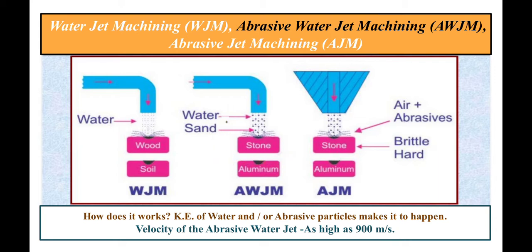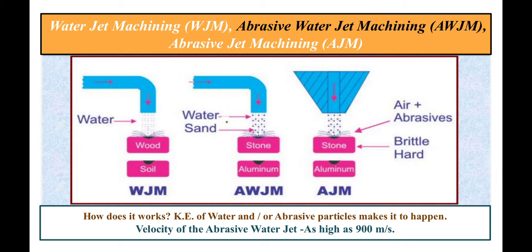Now the question arises, how is this jet of water and a few sand particles able to remove material from a workpiece as hard as stone? Or if you replace this stone by aluminum, you will find a much bigger crater has been formed on the aluminum.